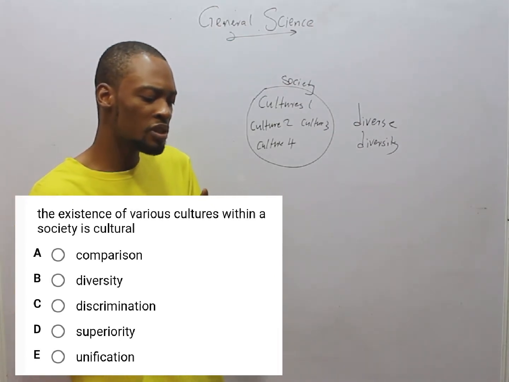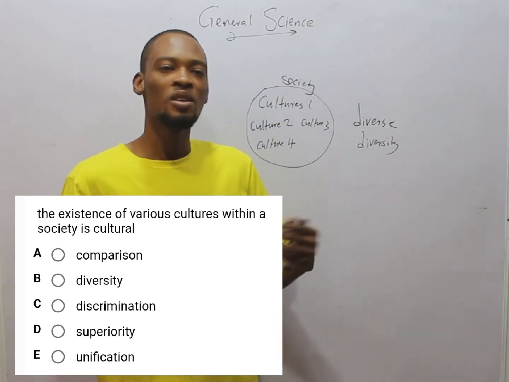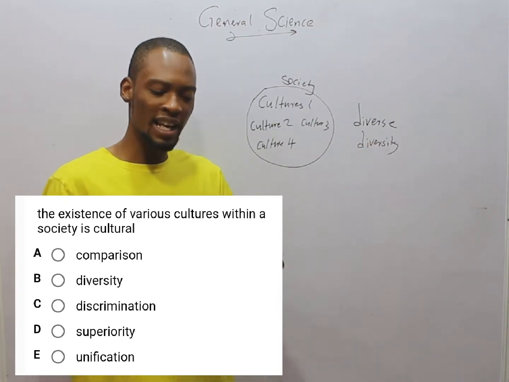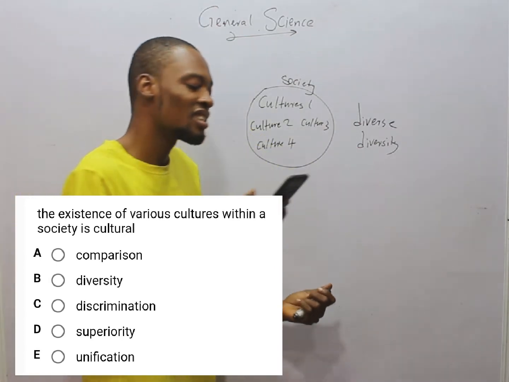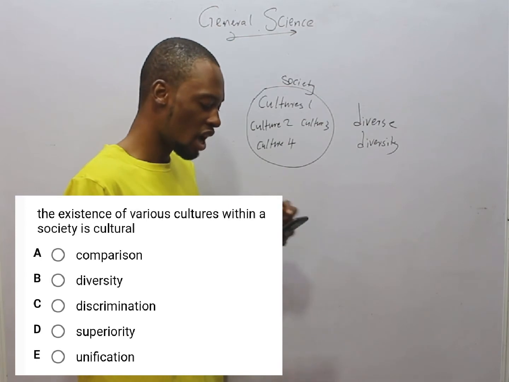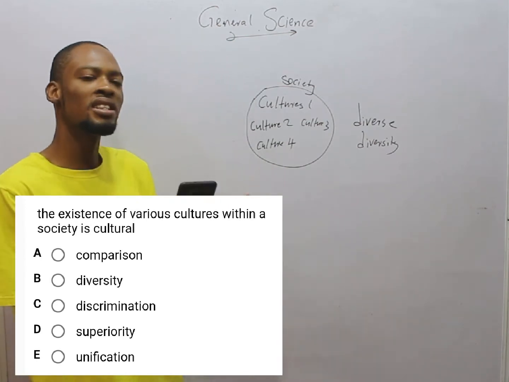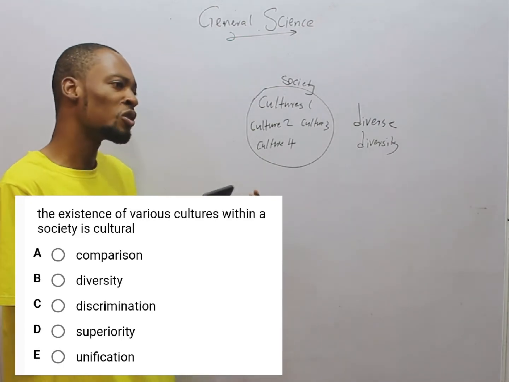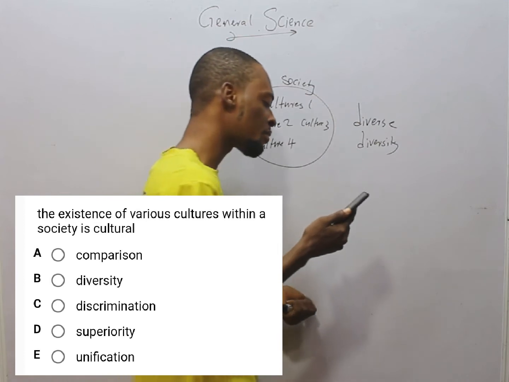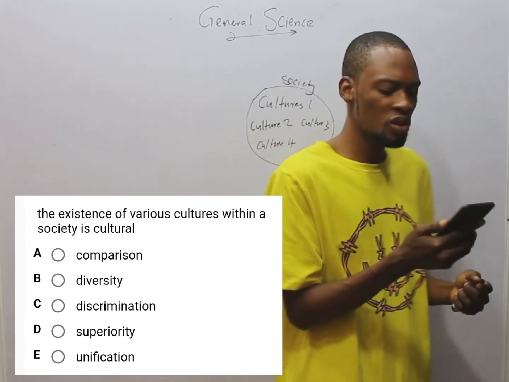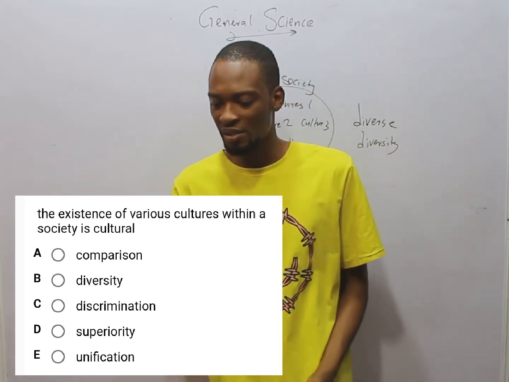Cultural superiority simply means one culture is trying to say, you guys are good though, no problem, but I am higher. I am the biggest in the room. You should respect me. That is superiority. And unification means trying to bring everything together, whether they are different or not, trying to merge them. Now we've gotten our answer already. The existence of various cultures within a society is cultural diversity.